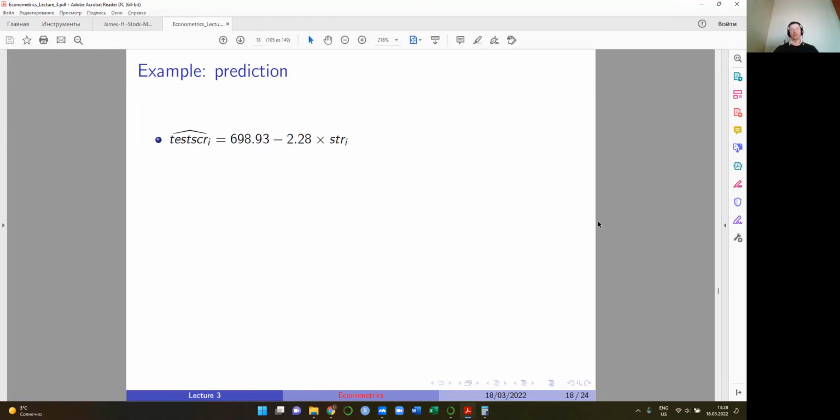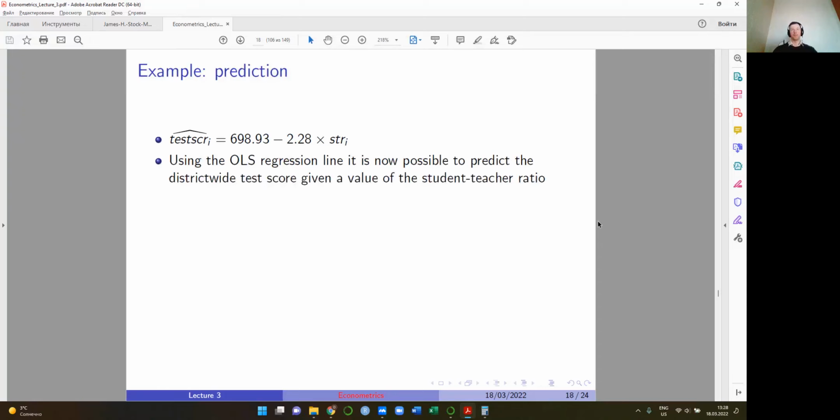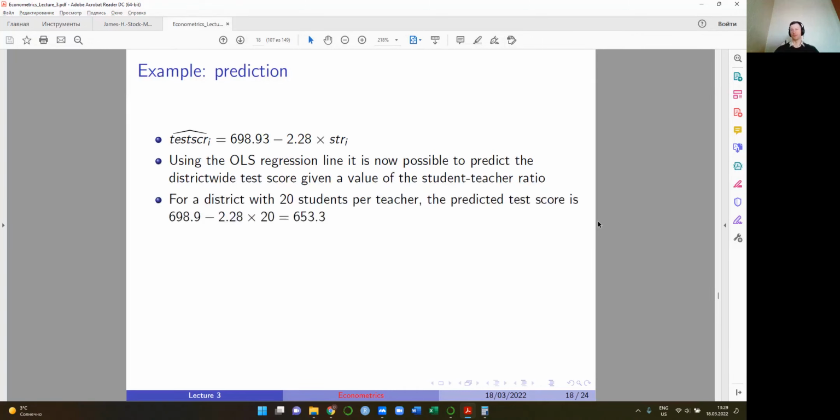Okay, so how do we do this prediction? Basically, we already made it, but let me show you once again. If we have this estimated regression line, using this regression line, we now can predict the average test score if there is some student to teacher ratio given. It's a very simple exercise.